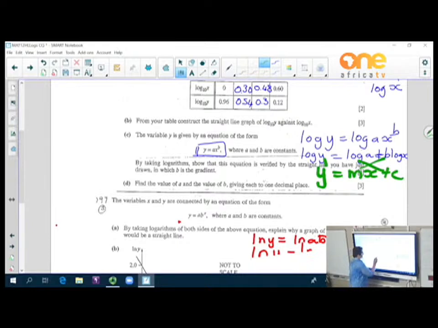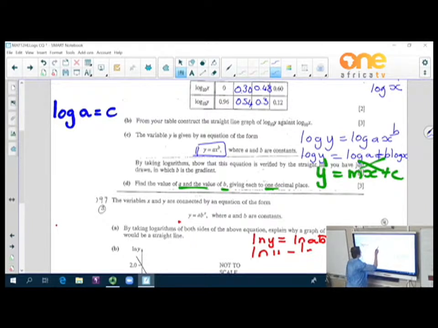And now they say find the values of A and B. Again, look at the rounding, 1 decimal place. So now we use this. And I'm going to say now that log A is equal to C. Log A is equal to C. And what is my C?